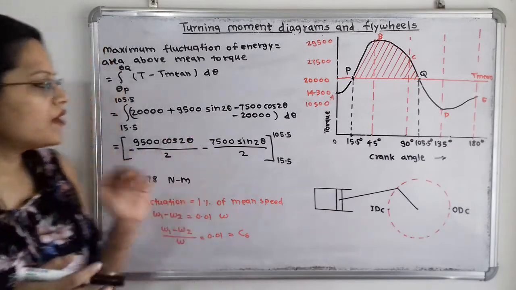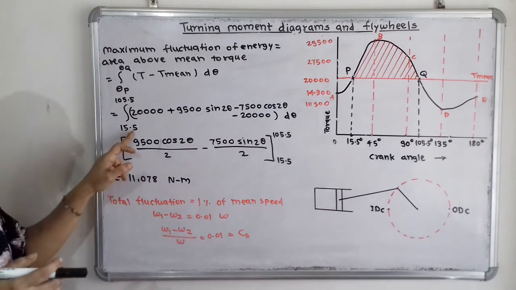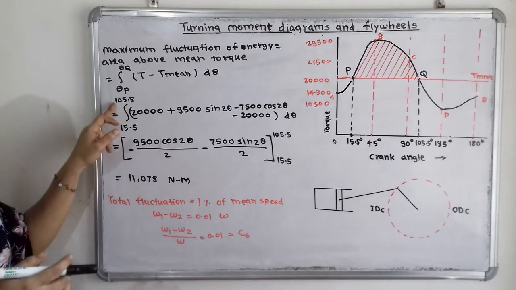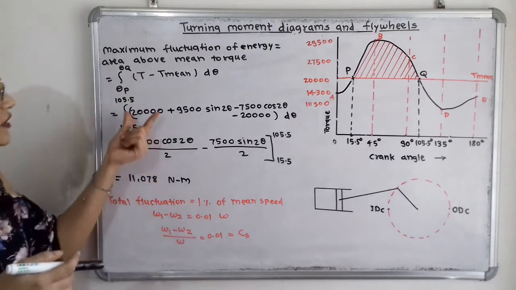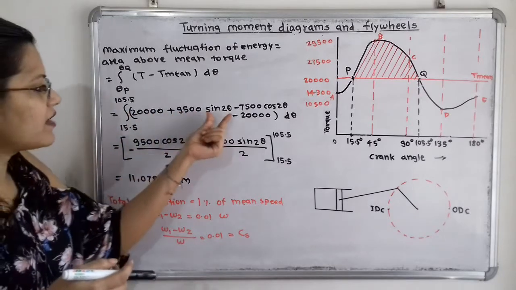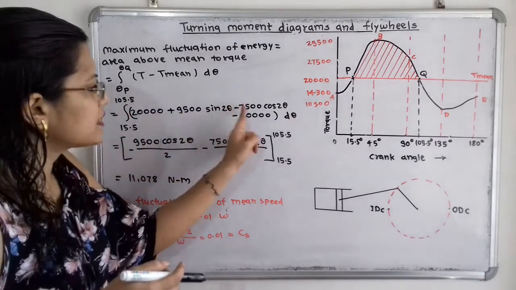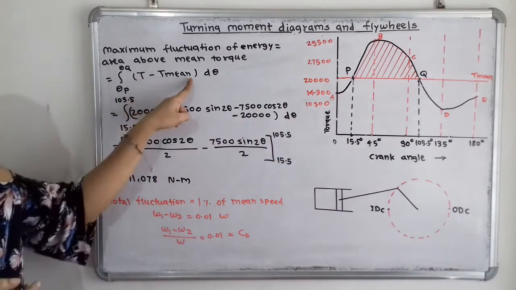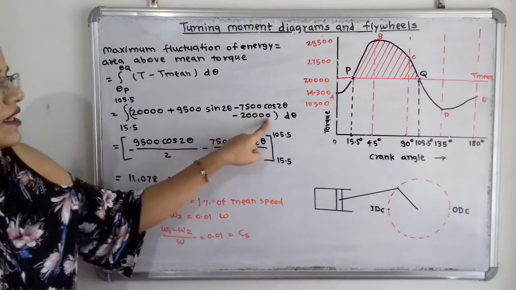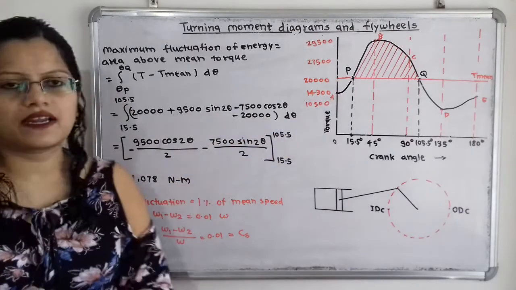Now we will put the limits, theta P that is 15.5 up to 105.5. In the bracket, the equation of torque is 20,000 plus 9,500 sin of 2 theta minus 7,500 cos of 2 theta, minus the mean torque. The mean torque is 20,000, and outside the bracket d theta.